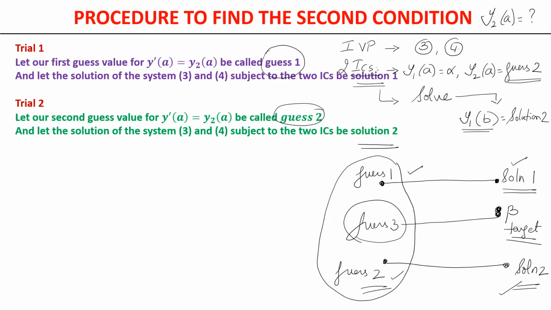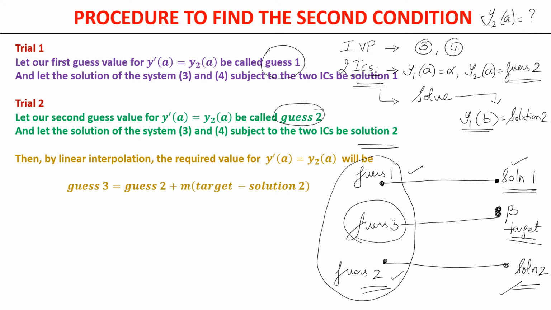We can get the guess 3 value by using our linear interpolation formula as guess 2 plus m times, I'll tell you what m is, target minus solution 2. Target is our beta. Solution 2 is what we get in the second trial, and the m value would be the difference of the guesses in the numerator divided by the difference of the solutions in the denominator.